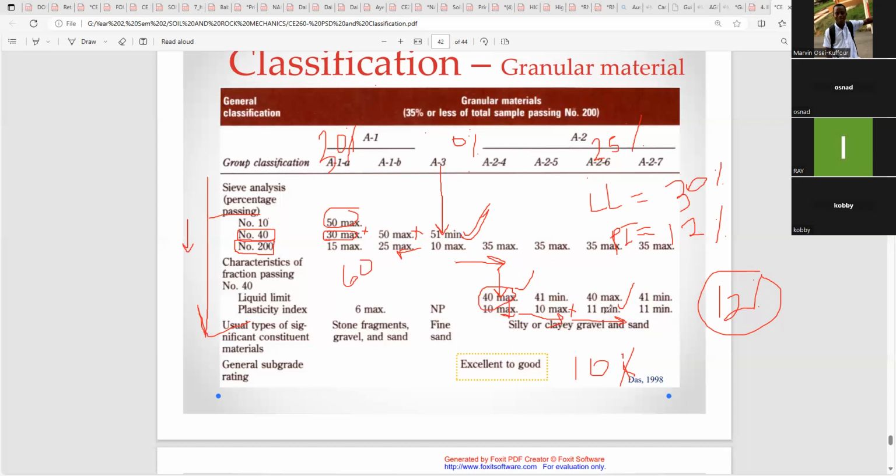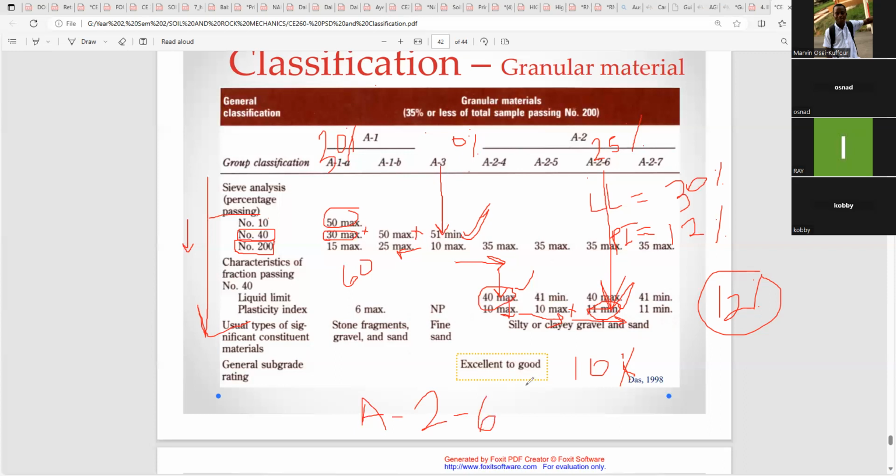So this is where our final destination comes to an end. Under the 11 minimum, what's the class that you are having? You just check straight. The class is A-2-6, A26.